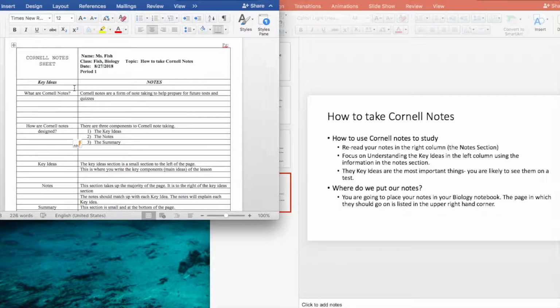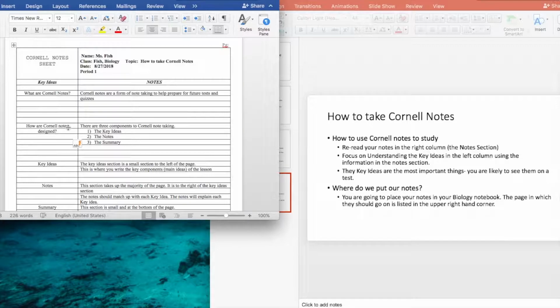We're going to focus on understanding the key ideas in the left column using the information in the notes section. So if I go through and read these key ideas and I get to the section where it says how Cornell notes are designed, I'm like, well, I know there's 3 components. I know there is a main idea section, there's a summary section, but there's something in between.